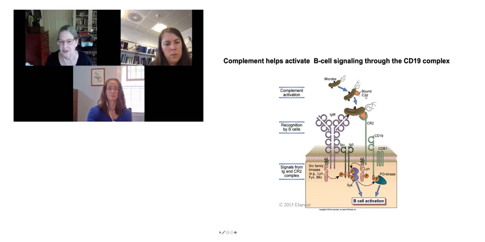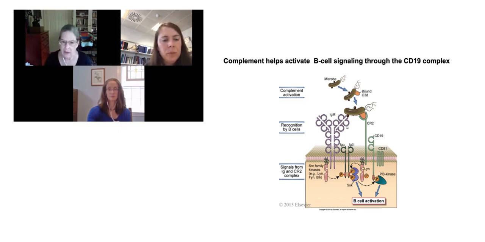C3b is bound, then it gets cleaved down, and it's recognized by this complement receptor. So that can help to stimulate an antibody response. So complement is very good as a co-stimulator for B cell responses.